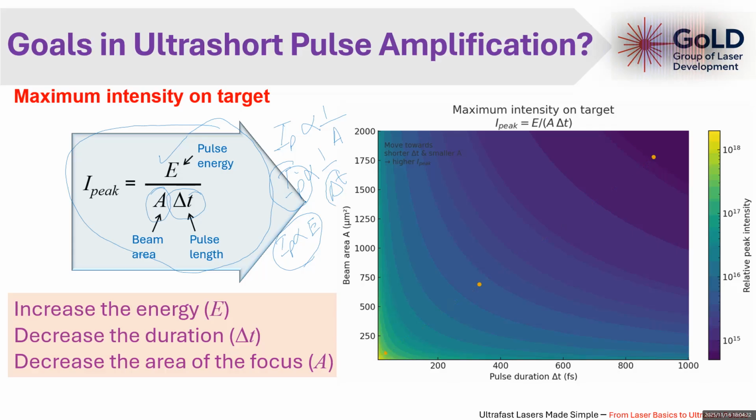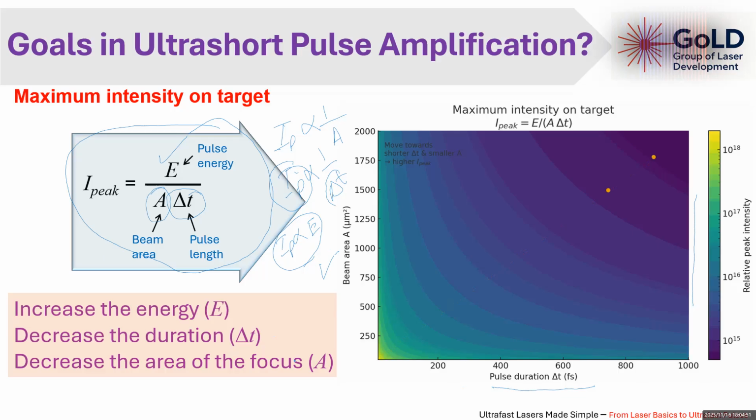Okay, and what the animation or the simulation on the right side shows is very simple. That heat plot has pulse duration along the x-axis, and beam area along the y-axis. And you can clearly see that it's the peak intensity.